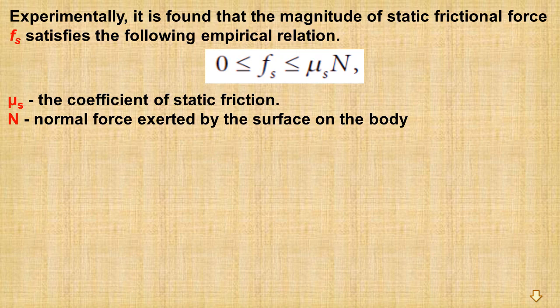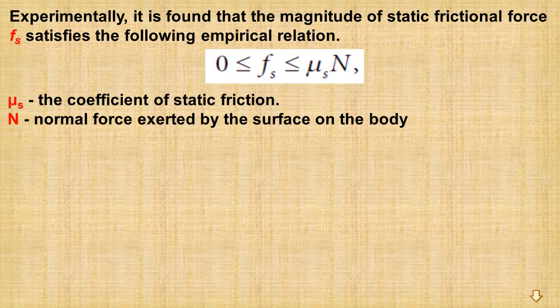See, μs, the coefficient of static friction, depends on the nature of the surfaces in contact. That's why I explained the road surface earlier. If it is a glass surface, then the frictional force is almost nil. If it is concrete or another surface, then the frictional force will be there.